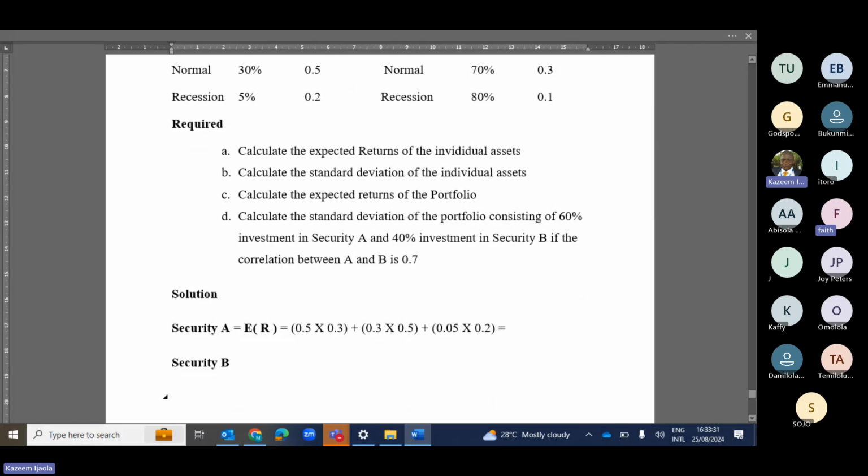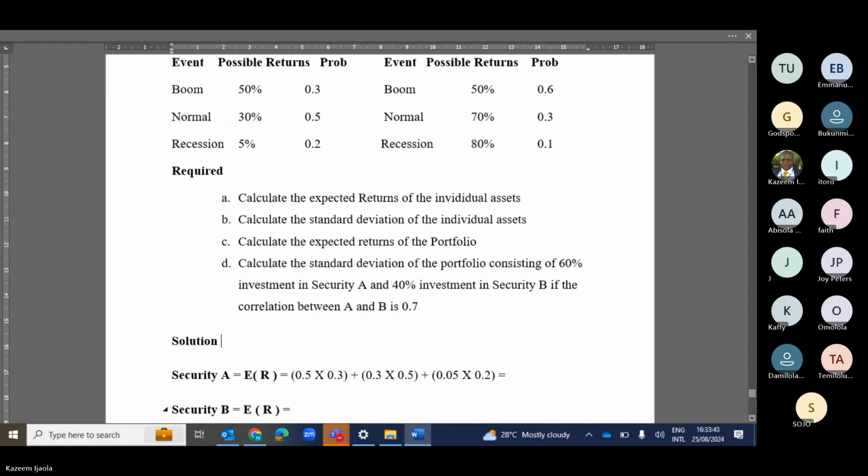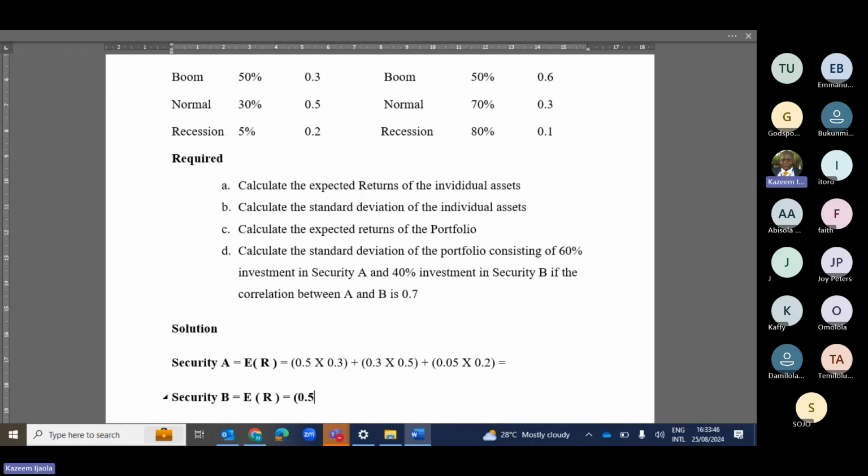Now, for security B, our expected return is going to be 0.5 times 0.6, plus 0.7 times 0.3, plus 0.8 times 0.1.